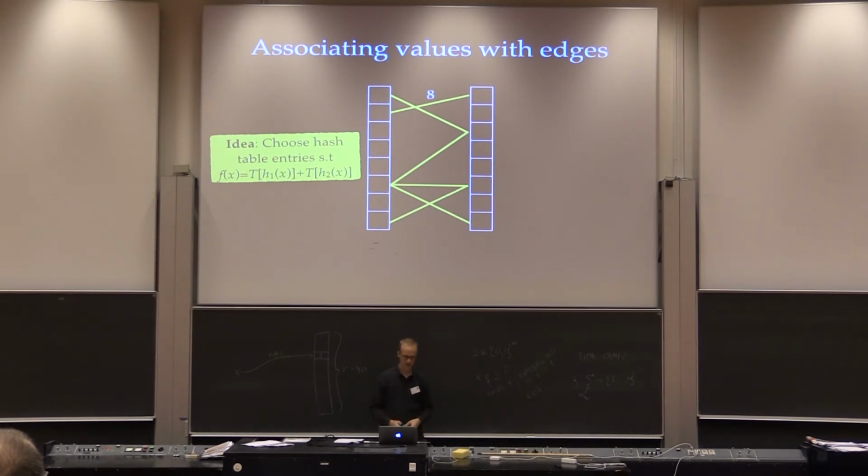So this edge here corresponds to an item, and suppose we want the value 8 associated with this. Well, then we just have to put 2 values that have a sum of 8. So we could choose 8 and 0, for example. And suppose these are the other values.